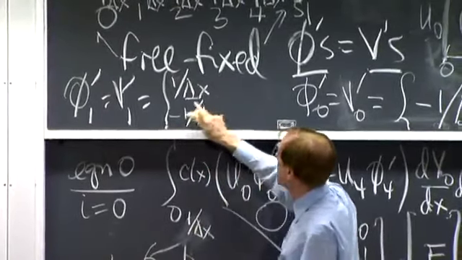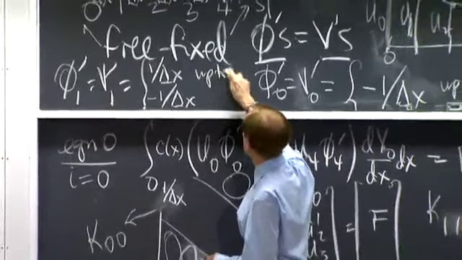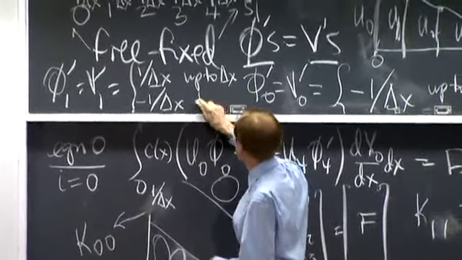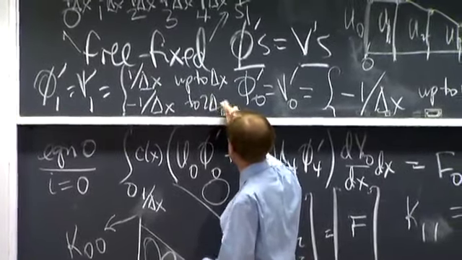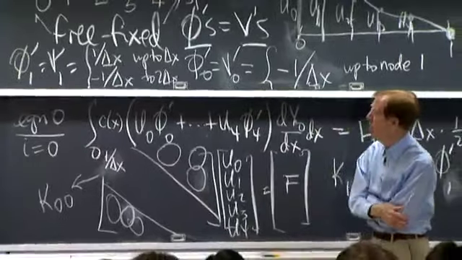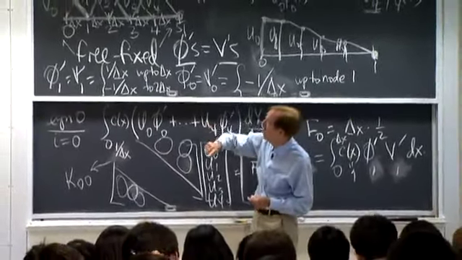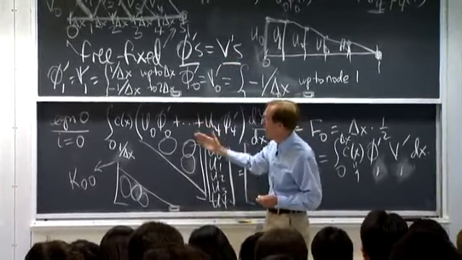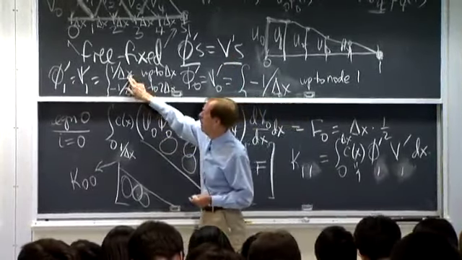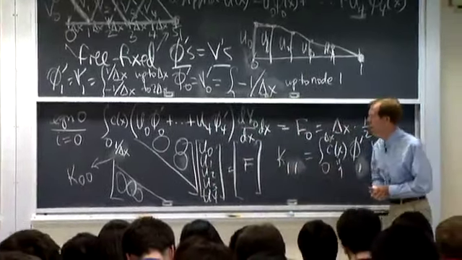So this was up to delta x, and then to 2 delta x, and then zeros. That's a much more typical thing. The hat function goes up to the top of the hat, back down. The slope up and the slope down are easy, and now the integral's easy.